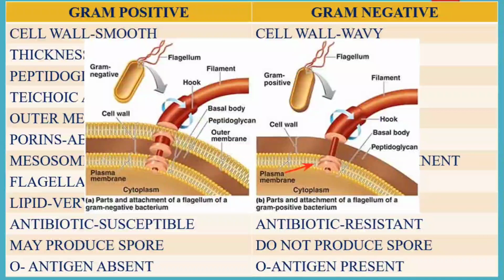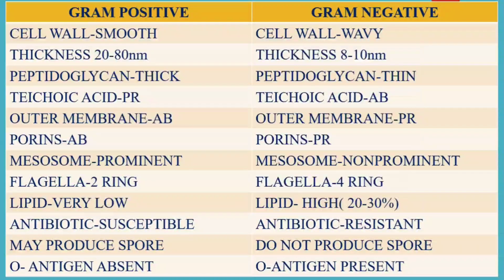And here also we have a ring. You can count the number. So here we are finding 2 rings. Here we are finding 4 rings. Clear? Great. So flagella has 2 rings in gram-positive, 4 rings in gram-negative.